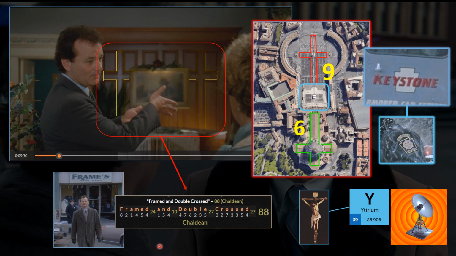And not only that, but when Phil leaves the bed and breakfast every morning and he gets into town, he rounds the corner where there's an old man begging for some change. And right behind him is the store called Frames. So there's definitely some framing and double crossing going on here. But the double cross representation we also see at the Vatican from the sky.